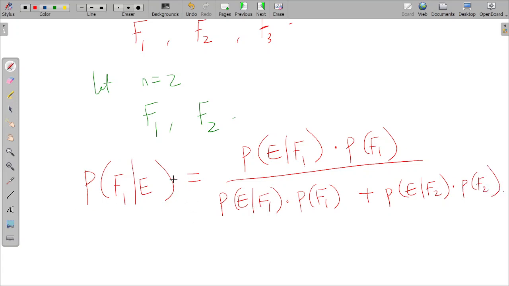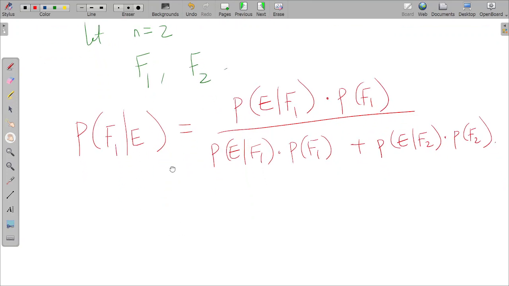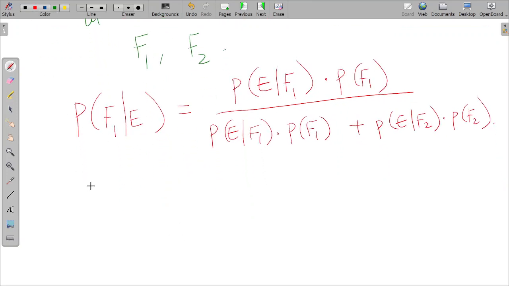That is for F1. We can get the other side with this formula again.